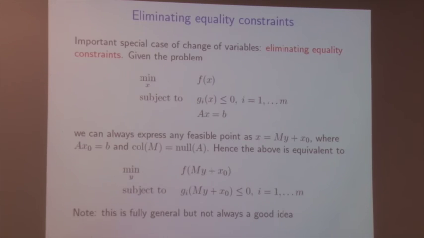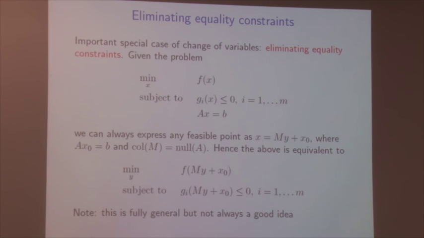Okay. Other changes we might want to make to a convex optimization problem: we might want to get rid of our equality constraints. The way we can do that is by applying a particular affine transformation. Every feasible point x is going to satisfy Ax equal to b.